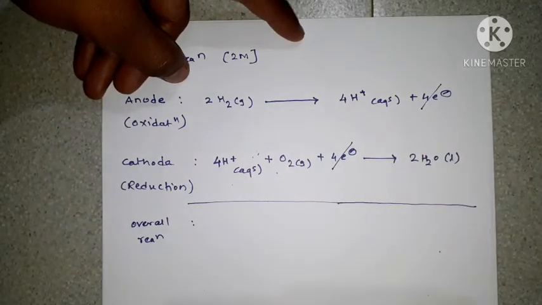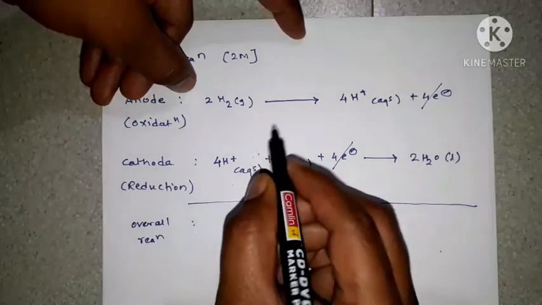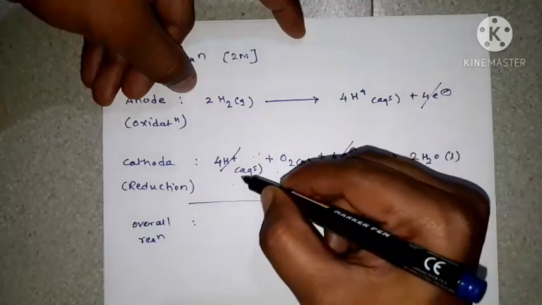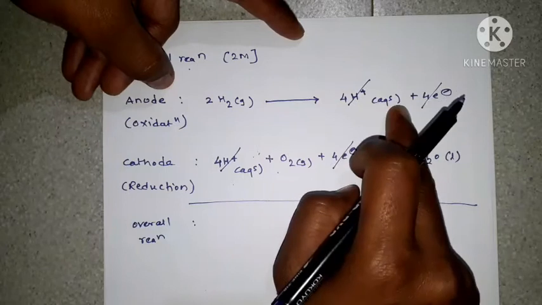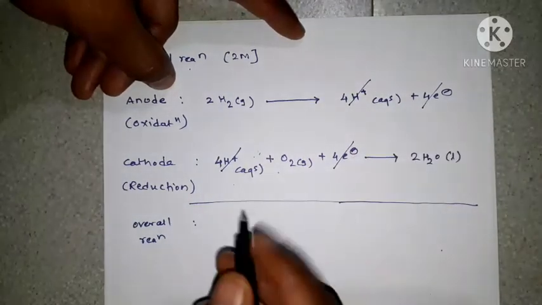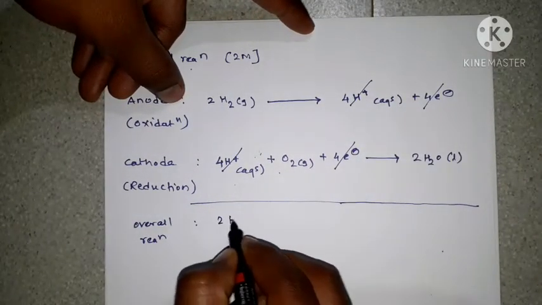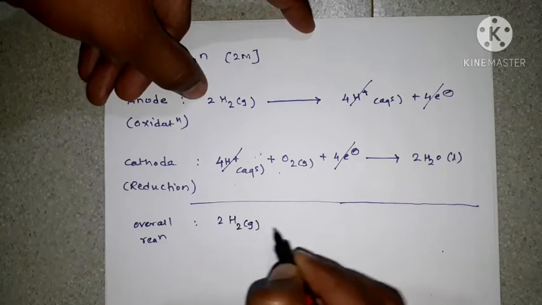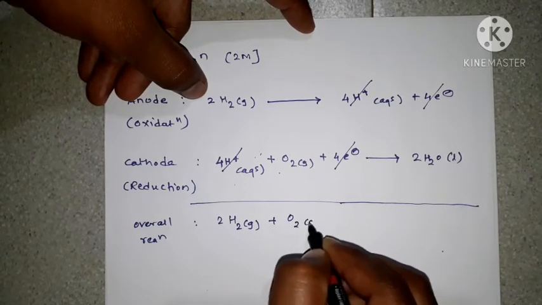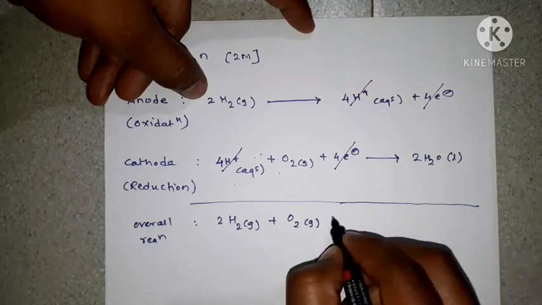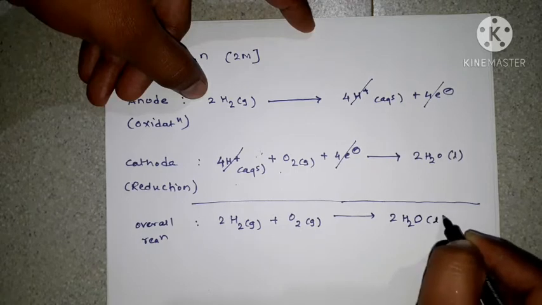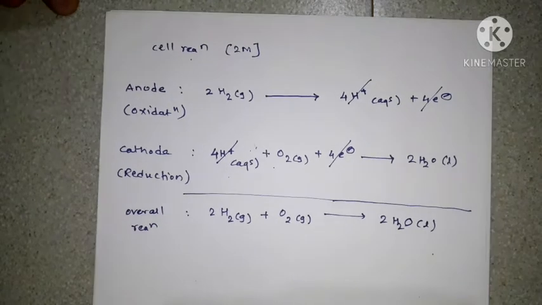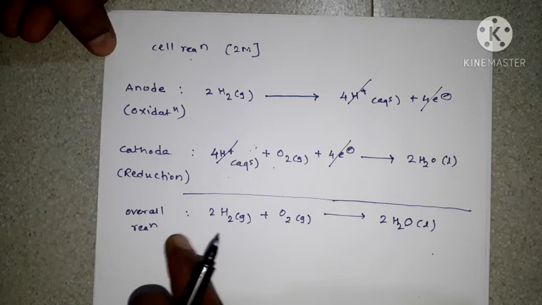Then what is the remaining part? 4H+ from the reactant and 4H+ from the anode product, okay, they cancel again. Then what is the remaining part? 2H2 gas plus O2 gas gives 2H2O liquid. Okay, so this is the overall cell reaction.